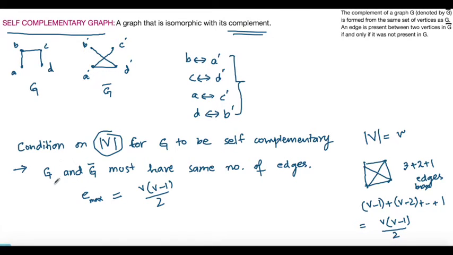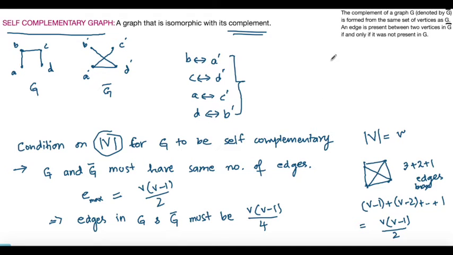So G must have half of this and G bar must have half of this. This means the number of edges in G and G bar must be V times V minus 1 over 4. The other observation is that the number of edges must be an integer. So either V is a multiple of 4 or V minus 1 is a multiple of 4.